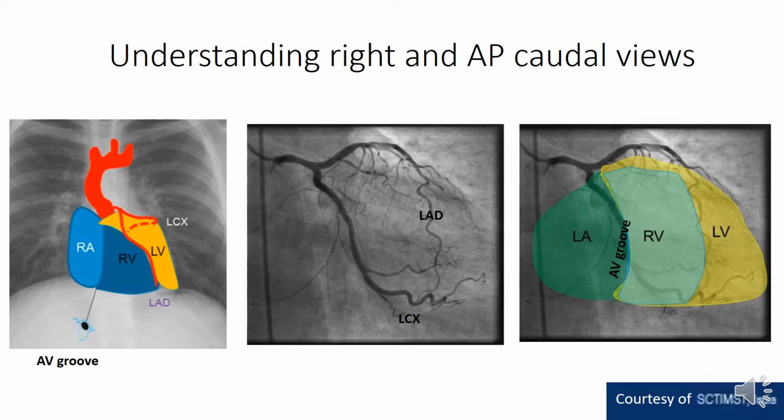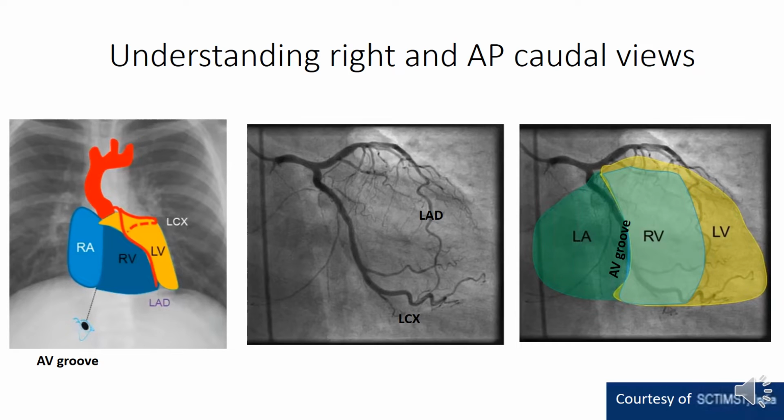This is a picture of this view. Just memorize this shape, and when you see it, it is either an epicaudal or right caudal view. How come this view? As we discussed, at the caudal orientation, we are aligned with the atrioventricular groove, so the circumflex will be along the view as we see here.